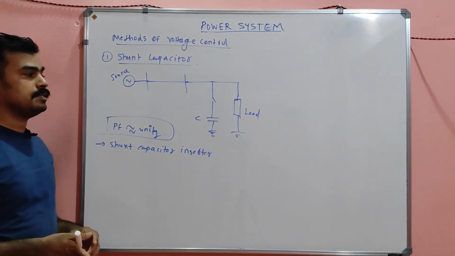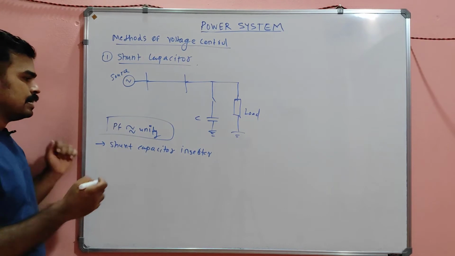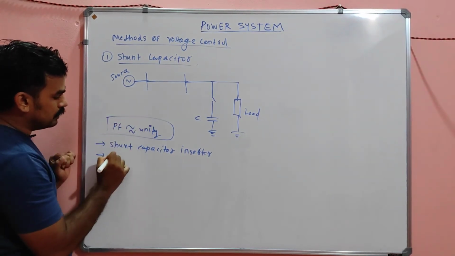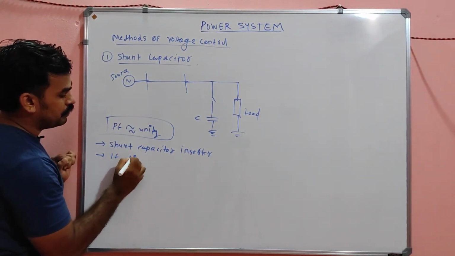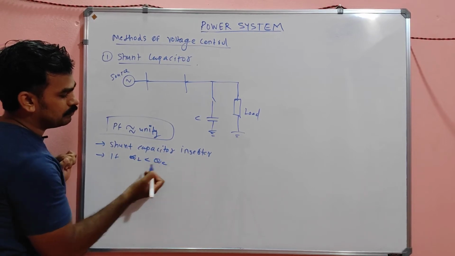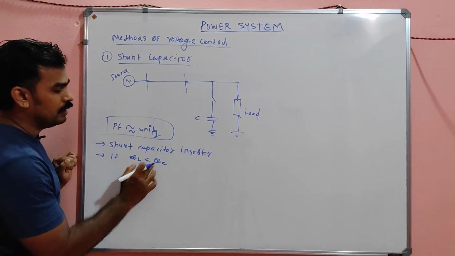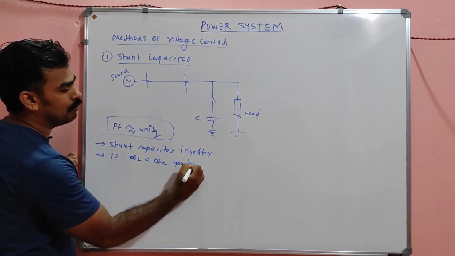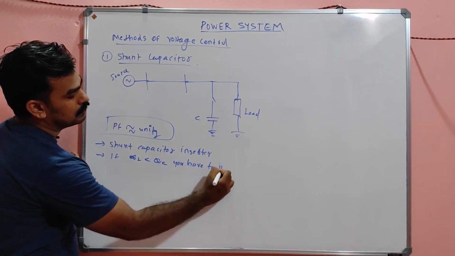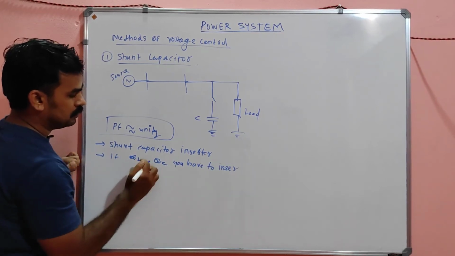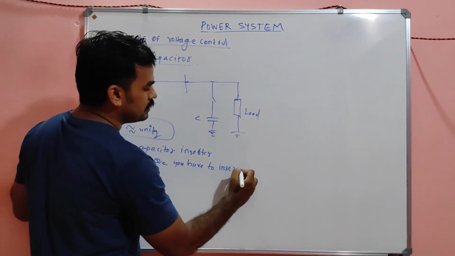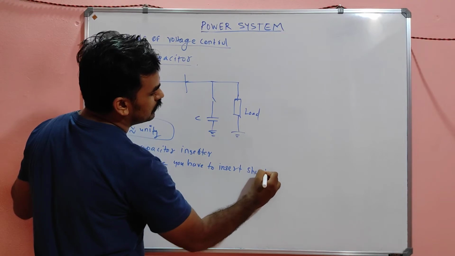Shunt capacitor is used for power factor correction, and this is used if QL is greater than QC. If QL is greater than QC, you have to insert a shunt capacitor.